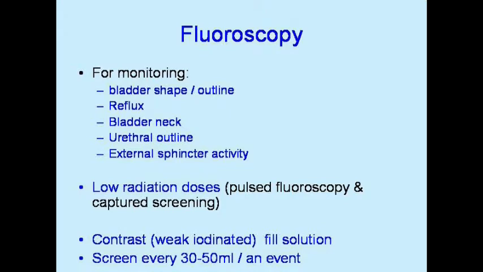Associated fluoroscopy is used to look at the bladder outline, the outflow, which is the bladder neck, urethral outline, and sphincter activity. We have to keep in mind that the radiation exposure to these children should be kept at a minimum, and this can be done by using the fluoroscopy at 30 to 50 ml filling intervals and to capture an event.